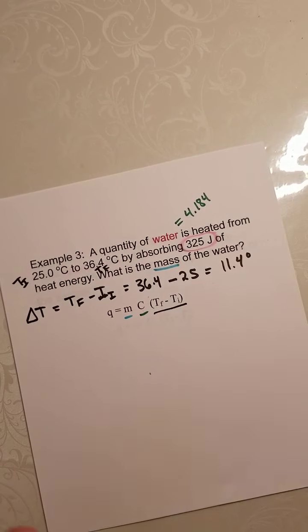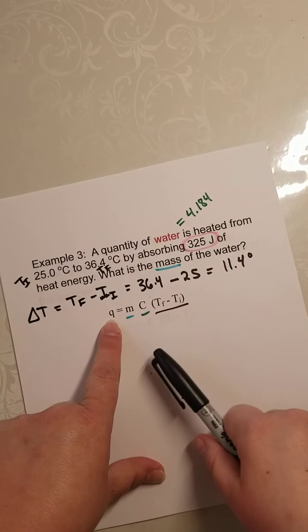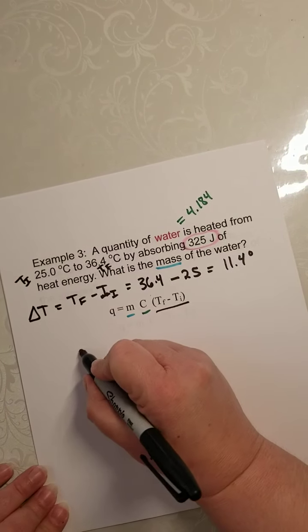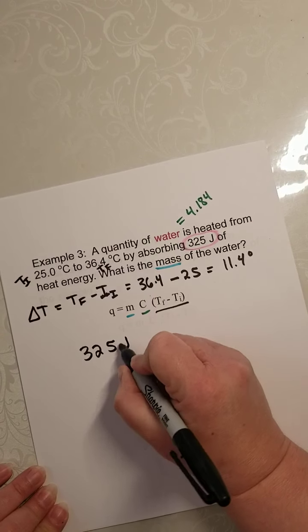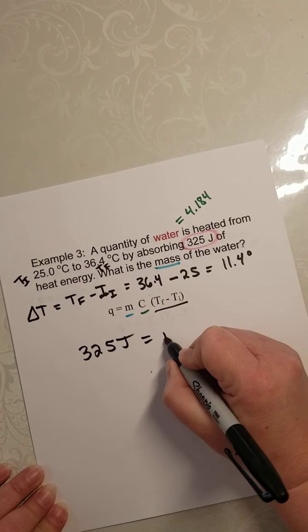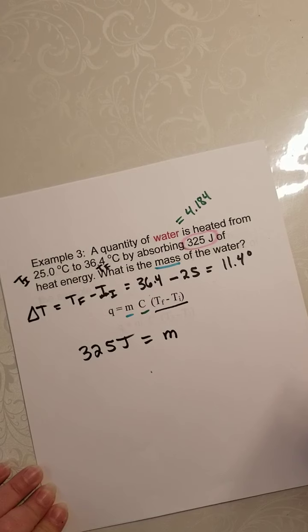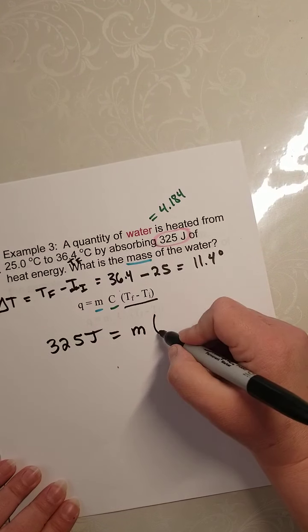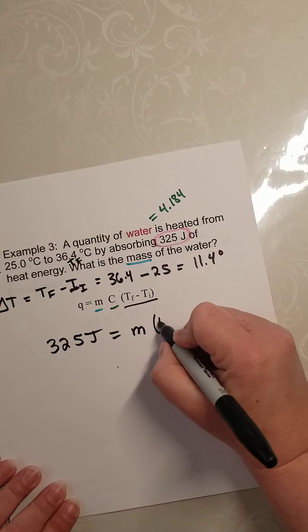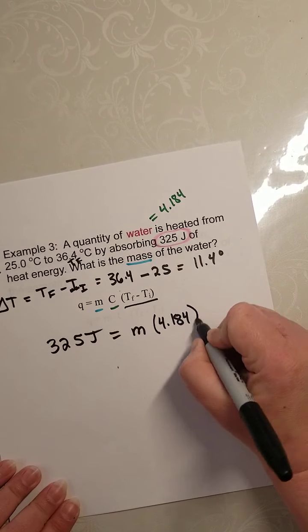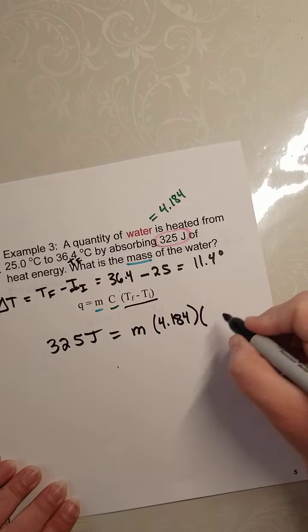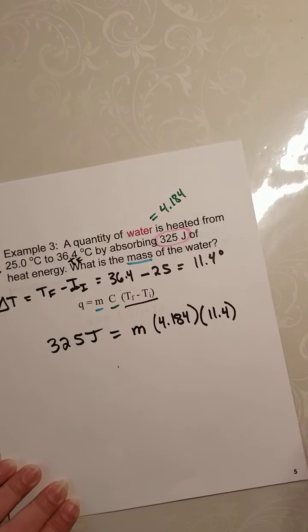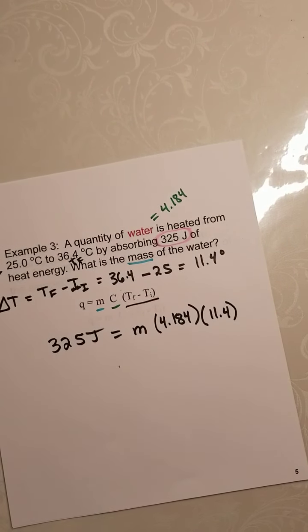So now let's just plug and chug, guys. So we take our Q, we put it over here. 325 joules equals M. Just put the M there like it'd be like an X in math, okay? Multiplied by our specific heat, 4.184, multiplied by the change in temperature, which is 11.4 degrees. And you're just like, well, how do I solve that?